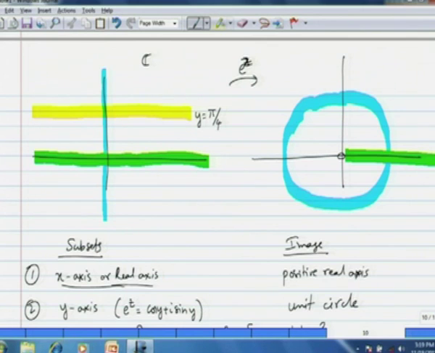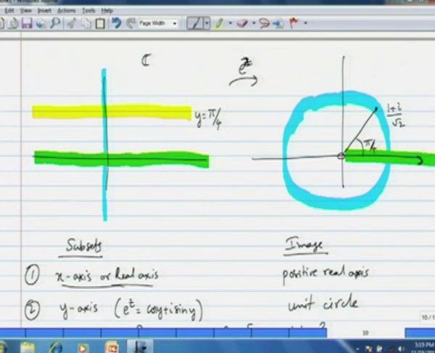Then the image of this is going to be, well, here is, let us suppose, (1 plus i)/root 2. It is on the 45 degree line, this is 45 degrees, pi by 4. It is on the line which makes 45 degrees with the positive x axis.